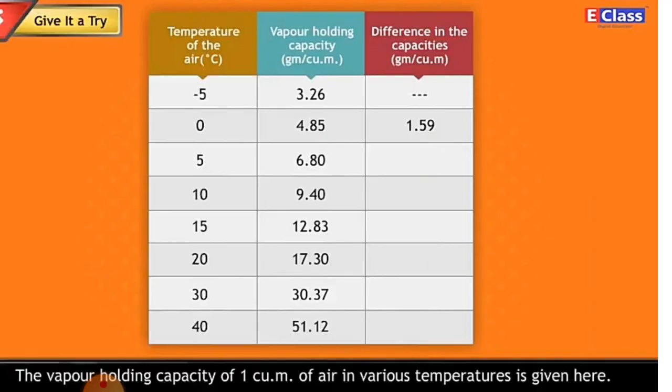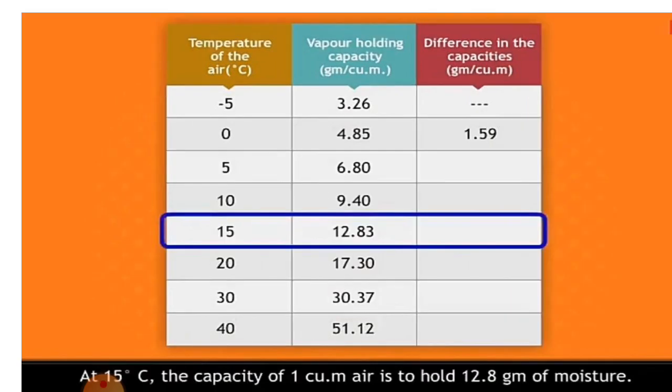My dear students, the following table will make it clear. The table shows the vapor holding capacity of 1 cubic meter of air at various temperatures. Calculate the difference in the capacities by observing the table.